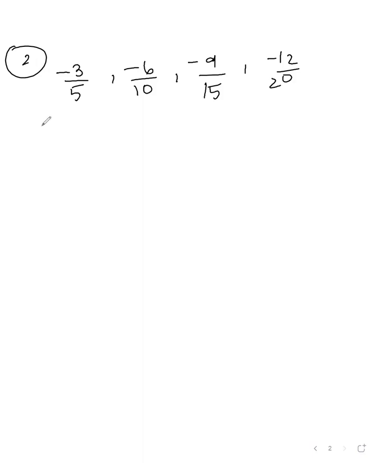The denominators are all negative. Then what they are basically doing is, minus 3 by 5 is there, they are multiplying the numerator and denominator with 2. That is the pattern. So when you multiply it with 2, you get minus 6 by 10.